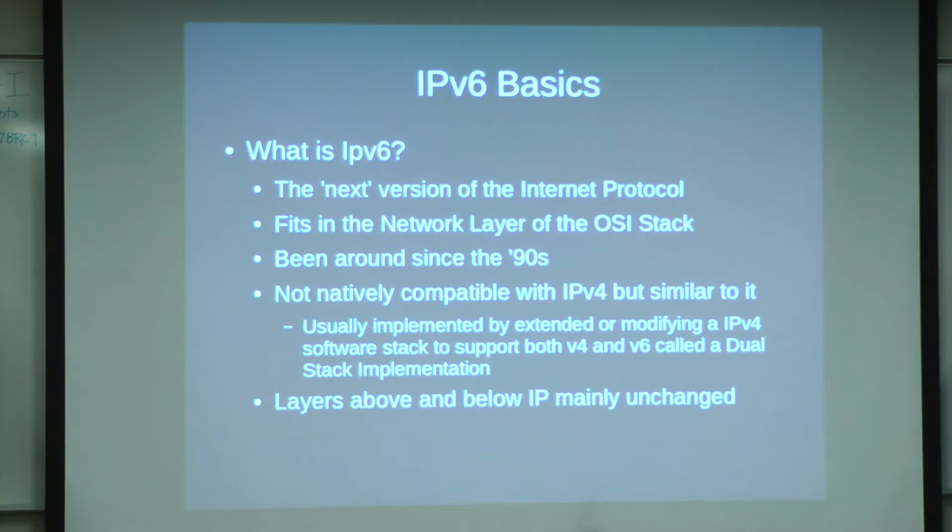Those get into some pretty advanced topics that even I get confused about, so I'm not going to go into those. But the nice thing with IPv6 is that even though we're incompatible, the layers above and below v6 generally have stayed the same. We still have TCP and UDP on top. We still use a variety of underneath networks, such as Ethernet, Wi-Fi, all the other things that we transport IP over. Those still all work.